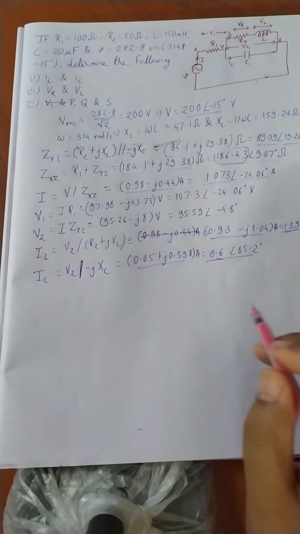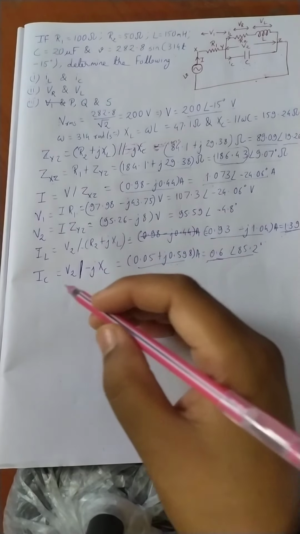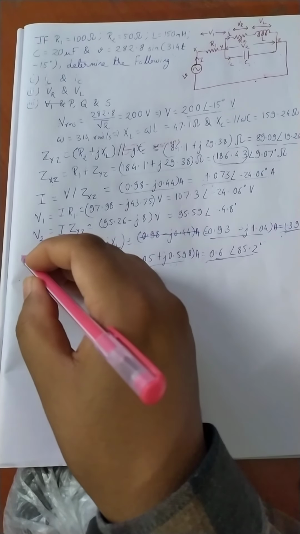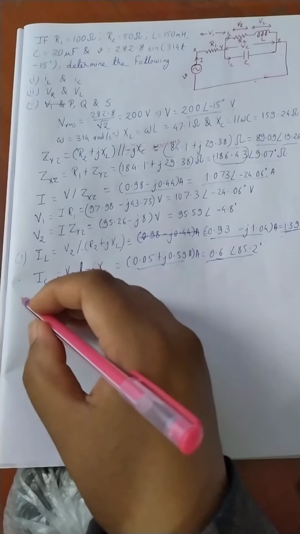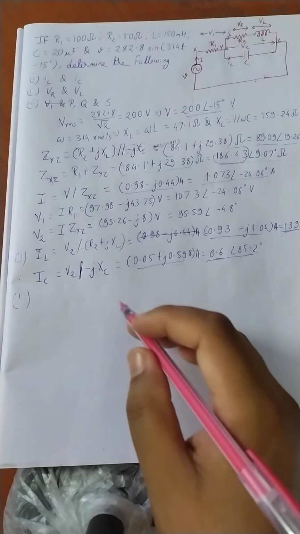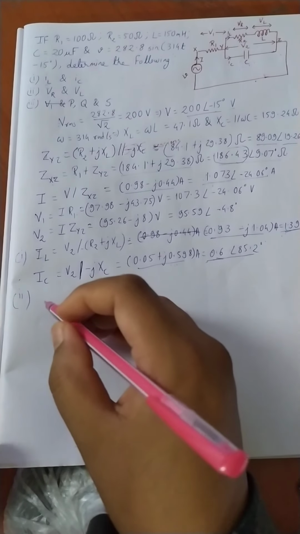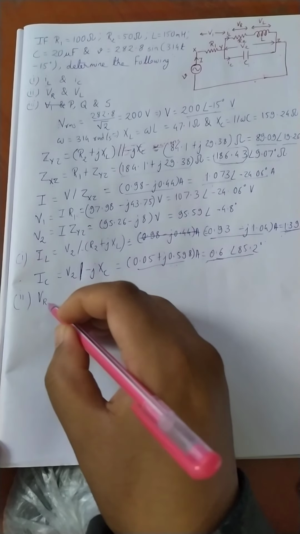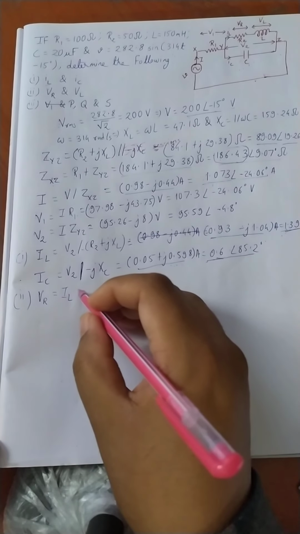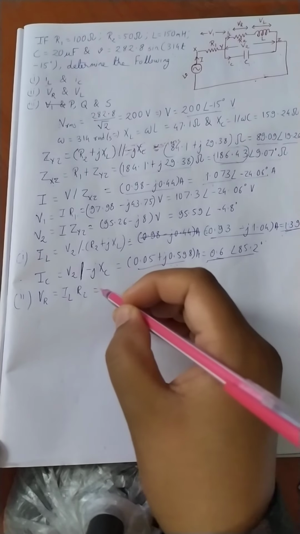So we know I_L and I_C. Now once I_L is known, we can write V_R will be equal to I_L into R2.